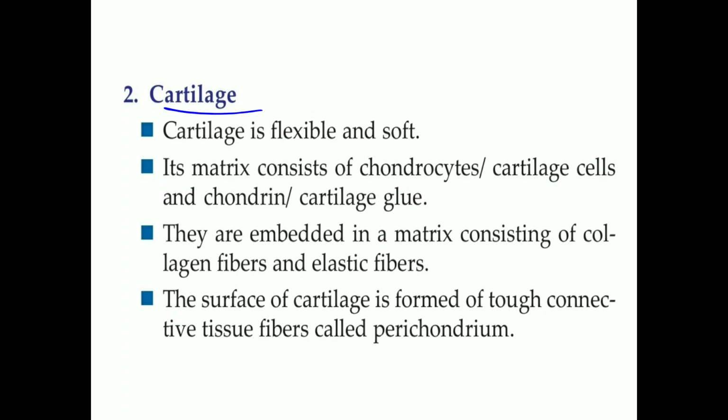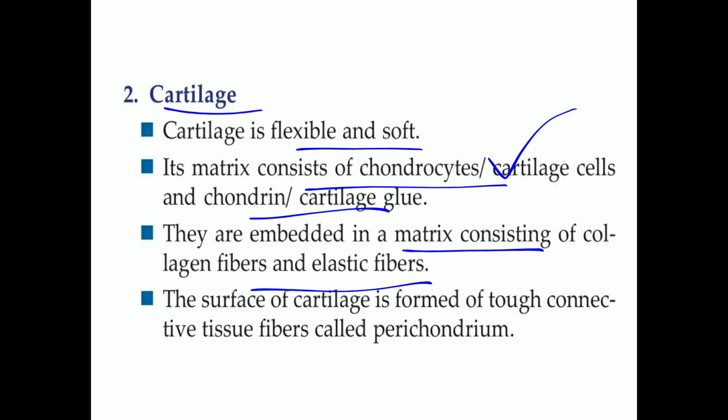The next is cartilage. It is slightly flexible and soft, and its matrix contains chondrocytes, the cartilage cells. Chondrin, the cartilage glue, is also found, embedded in a matrix consisting of collagen fibers, and elastic fibers are also there.